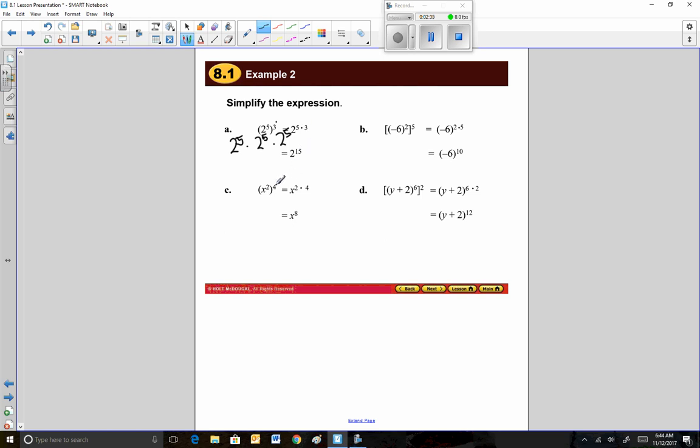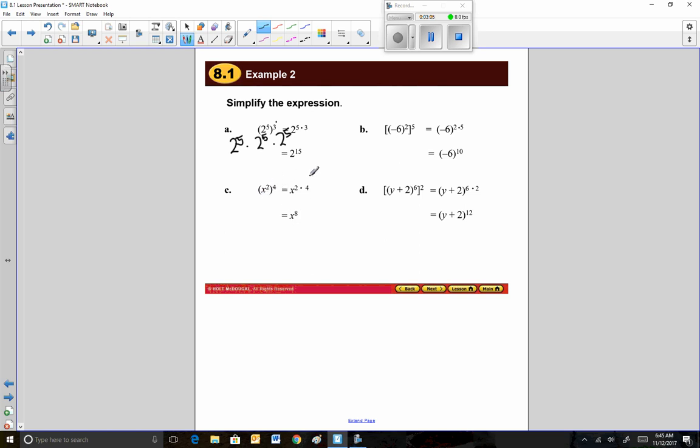So if you have a set of parentheses, that's telling you to basically take the entire thing, whatever's inside the parentheses, to that power. Let's go to letter B. If you take negative 6 to the 2nd power 5 times, that means you have 5 times 2 is 10, so you have negative 6 to the 10th power. Part C, x to the 2nd 4 times.